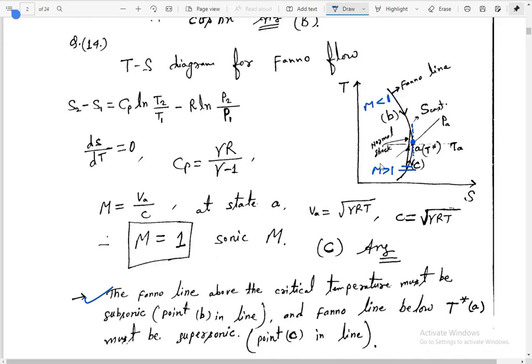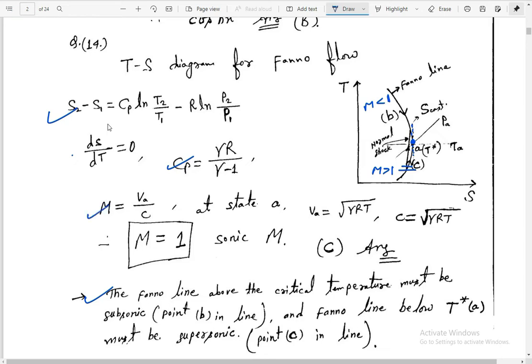So the Ts diagram for Fanno flow entropy formula is this one. When we differentiate with temperature, we will get some formulas where Cp equals gamma R by gamma minus 1, and we know the Mach number.